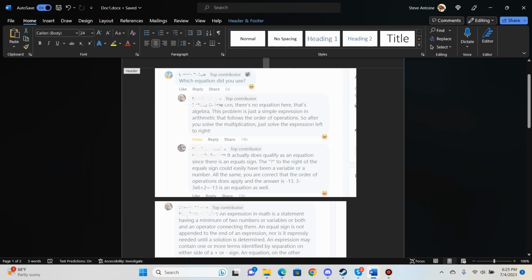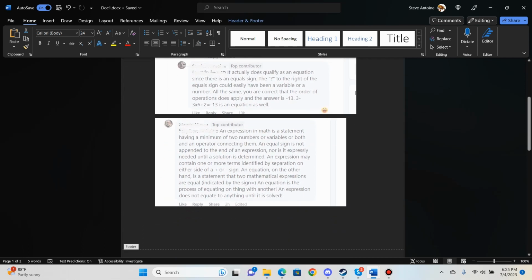All the same, you are correct that, in the order of operations, the answer to the problem is negative 13. I think I've gone through that solution before. I'm not going to do that here. But basically, 3 minus 3 times 6 plus 2 equals negative 13 is an equation as well. I'm not sure what the problem is.